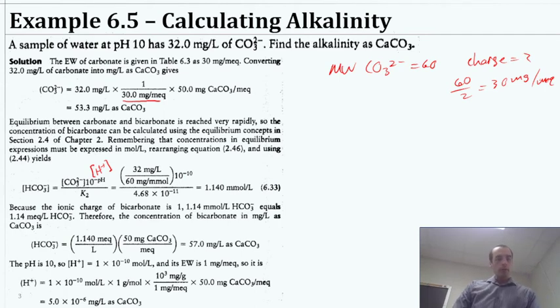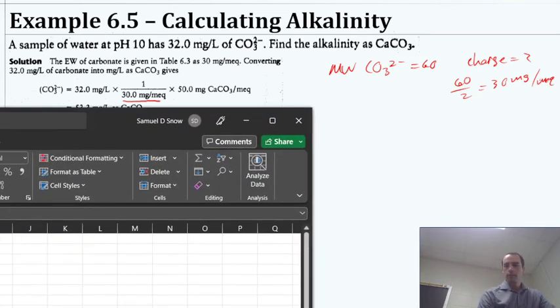Maybe I put something in my Excel wrong. Yeah, because this would be then 1.14 times 10 to the minus third moles per liter, right? So I'm off by a factor there. So let me just see if we can find what I did.